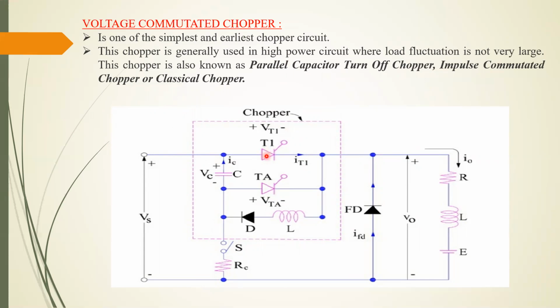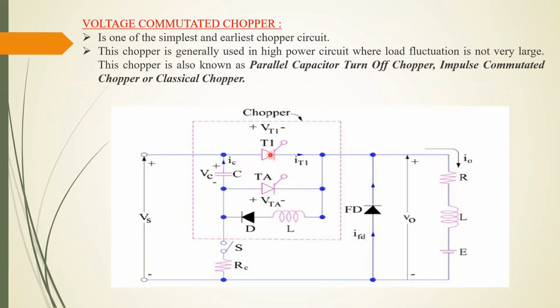T1 is the main thyristor and TA is the auxiliary thyristor. The capacitor is the main element. What is the use of the capacitor? Let us discuss the importance of this capacitor, and why it is called a voltage commutated chopper, when I explain the operation.